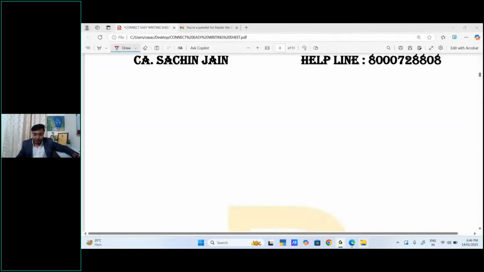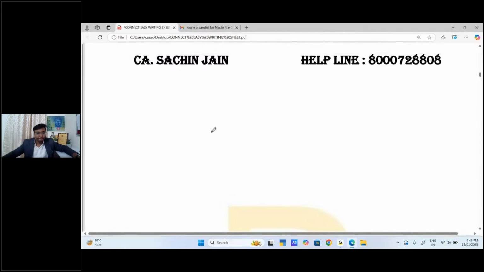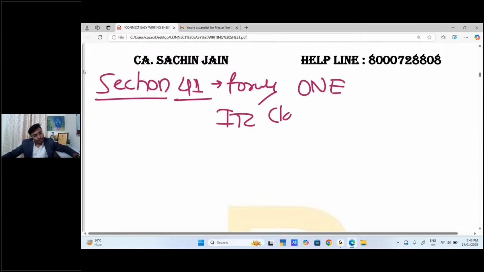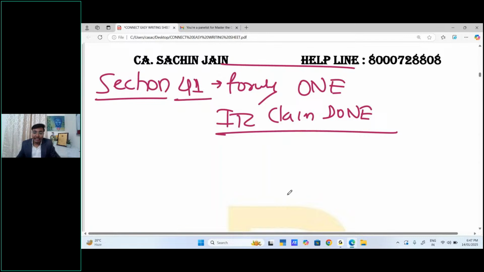Section 41, ITC claim done. This section is saying that you can claim the input tax credit by filing the GSTR 3B return.